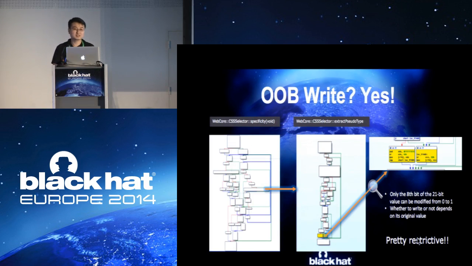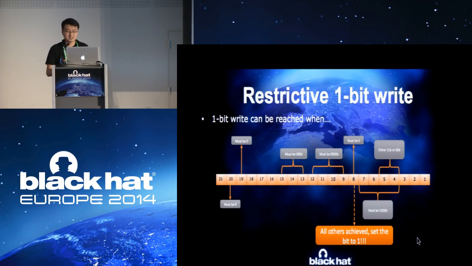If we check the code flow carefully, we can see that in some cases overwrite can be achieved, but it is very restrictive. It has to pass a lot of checks to achieve a 1-bit write. You can see that this is a 21-bit value, and you have to meet all those conditions.